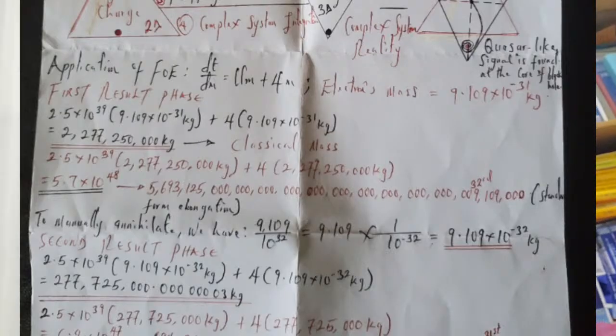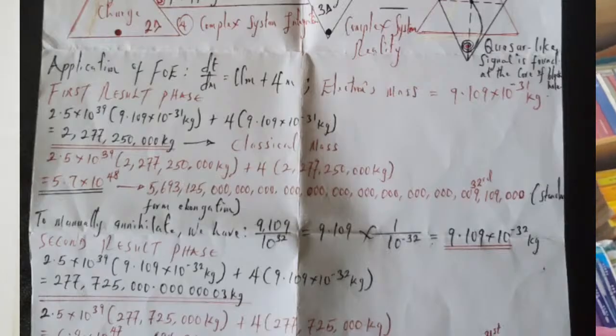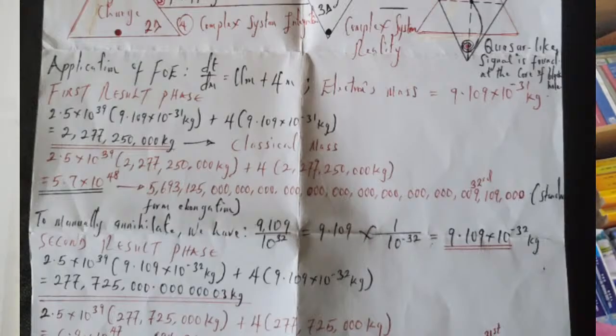So now that we have that, if we put this value right inside the formula, we're going to get the decaying effect at classical level. So by putting that value, the value we now have is 277,725,000.0000003 kilogram.